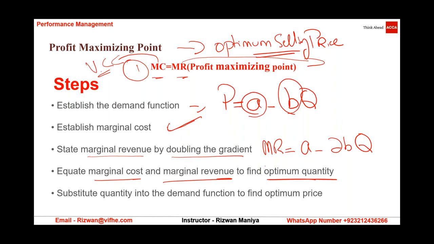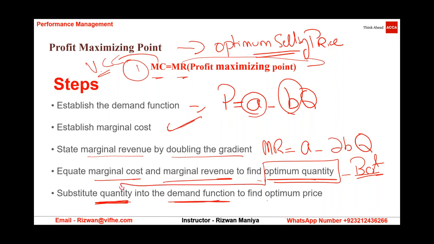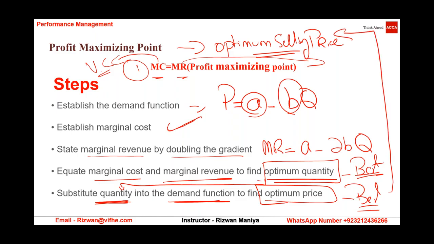This is the best quantity that will ensure profit maximization. Substitute the quantity that you have found into the demand function to find optimum price, which is your best price, and this will ensure your profit maximization.